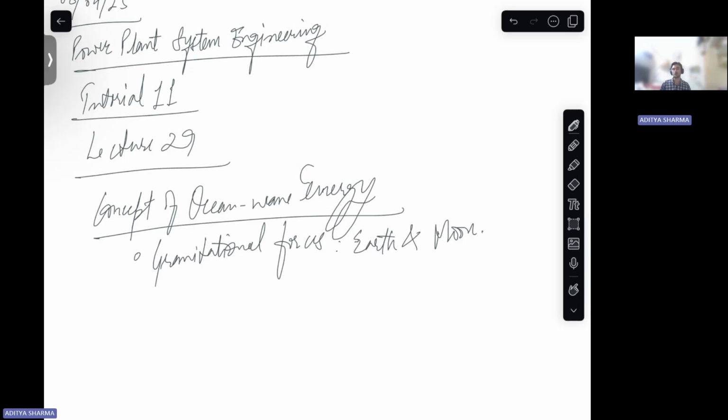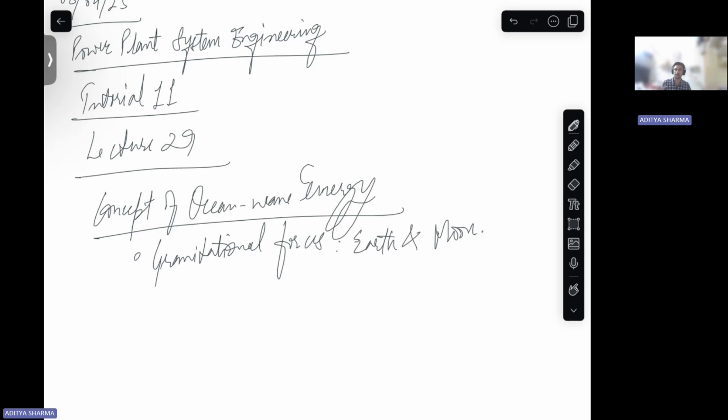So this is the cause of tidal energy. There are instances when the Moon is closer to Earth, and instances when the Moon is distant from Earth.